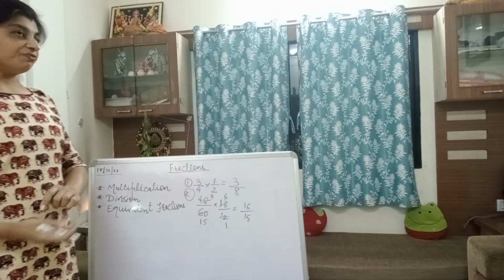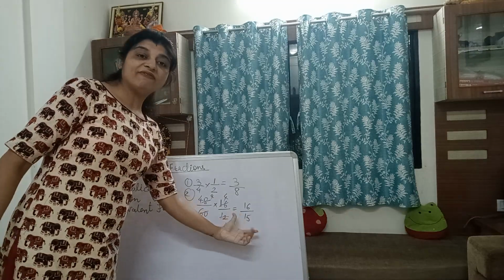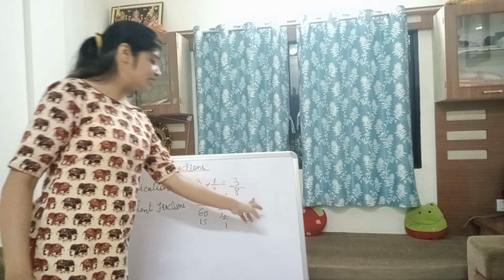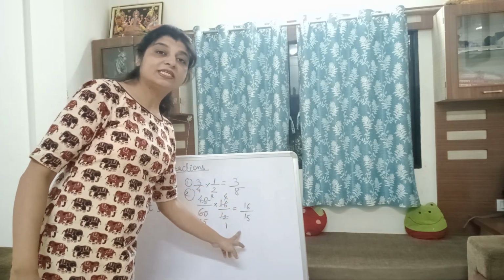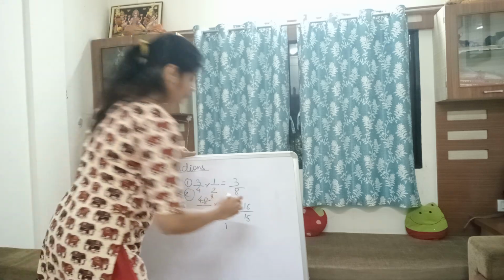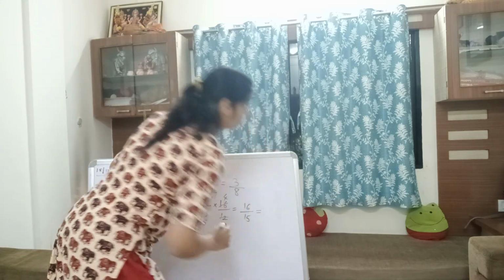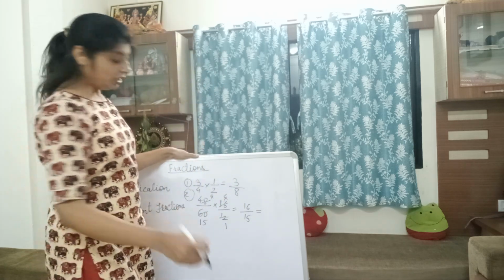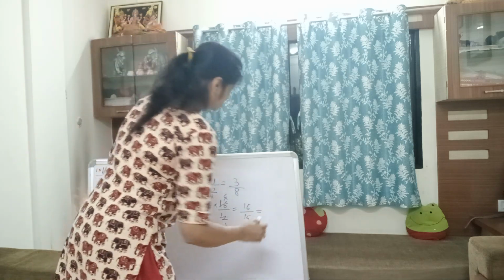Now the fraction which we have got after the calculation is an improper fraction. Why? Because the numerator is 16 and the denominator is 15. 16 is greater than 15. So try to convert this into a mixed fraction. What is the process? As usual, divide 16 by 15.